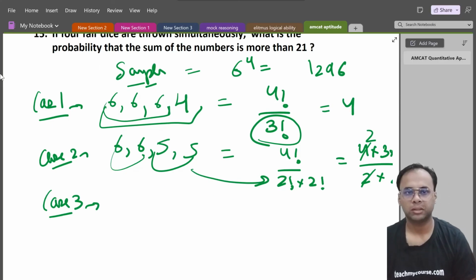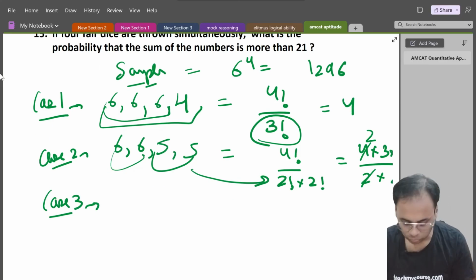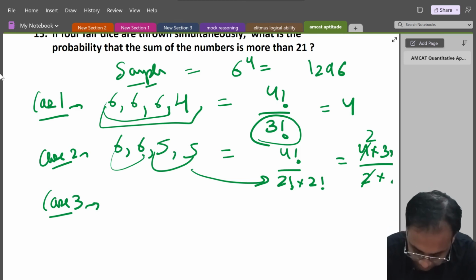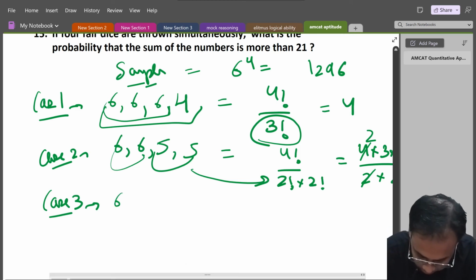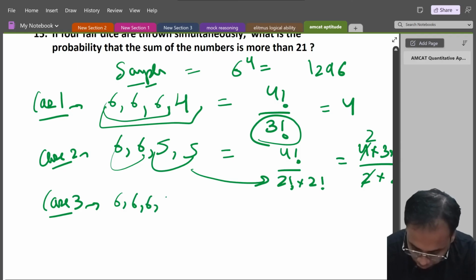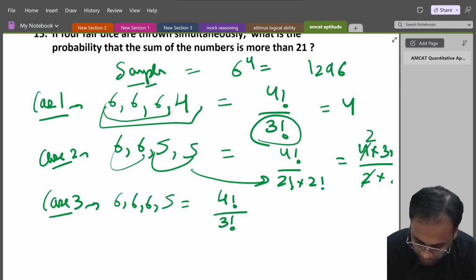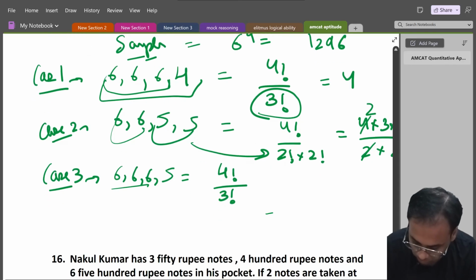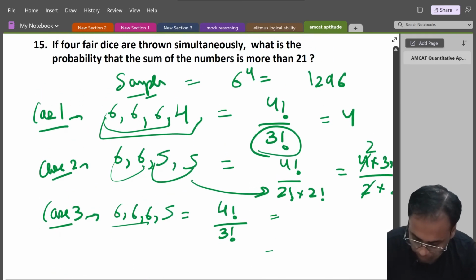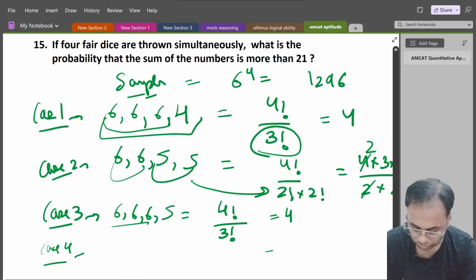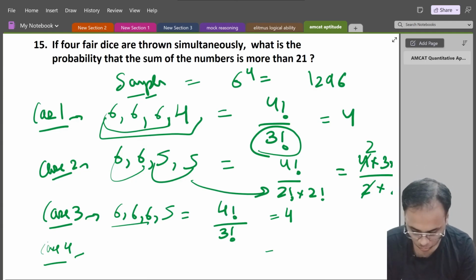Then comes case number 3. We can consider that there are 3 sixes and 1 five. So it will be factorial 4 upon factorial 3 for 3 sixes. So this will come out as 4. And then for case number 4, we can have 4 sixes, all 4 sixes.